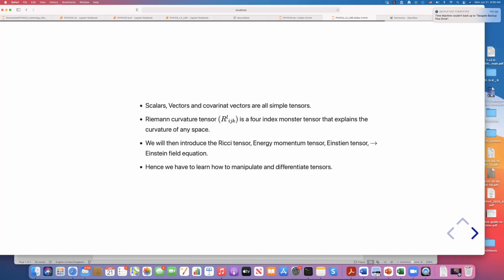This is why we have to learn a bit about these tensors and how to manipulate them. Right. Now let's look at what a tensor is.